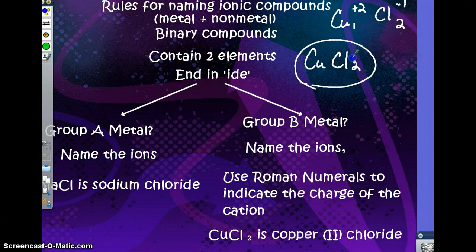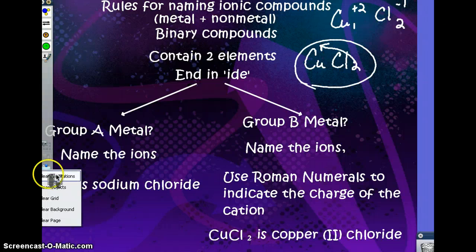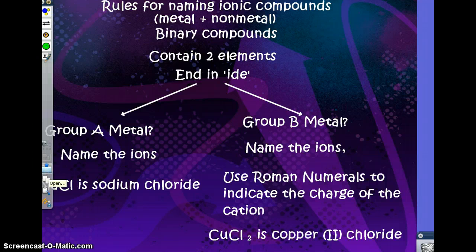So the 2 came from the copper +2. It's very important to remember any element, any metal that has more than 1 possible charge, we need to indicate which ion it is by using the Roman numerals in the parentheses in the name.